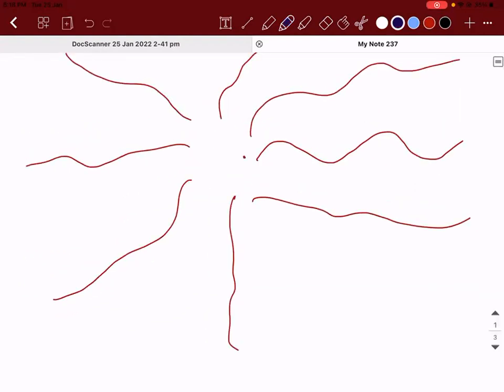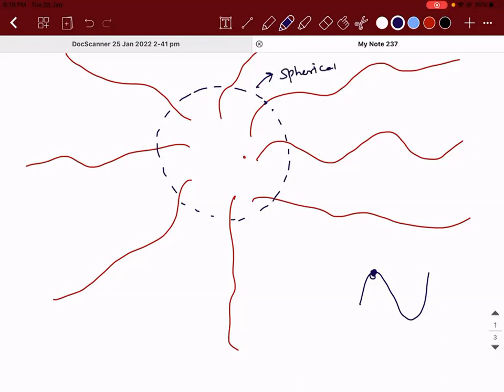When you join all these points which are in the same phase, so you know what is the phase? If you take a wave like this, then for a phase, I can say that this is the displacement of the particle. When you join all these particles put together, the shape that you're getting is what is called a wavefront, and this is what is called a spherical wavefront.